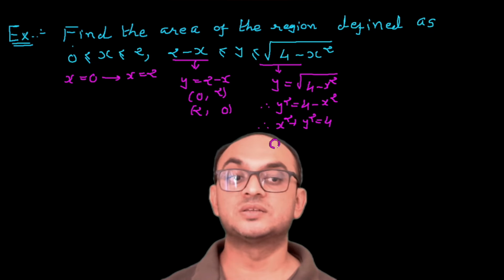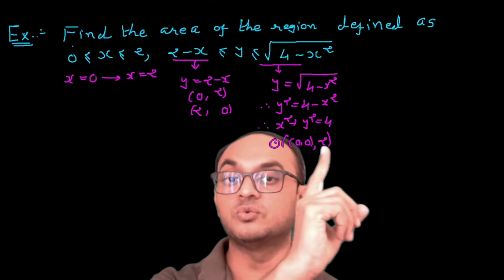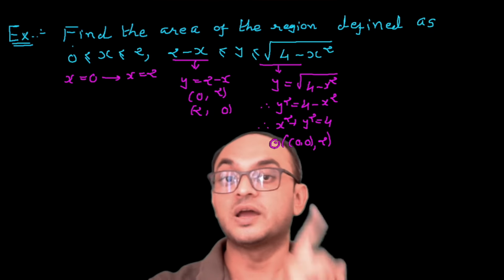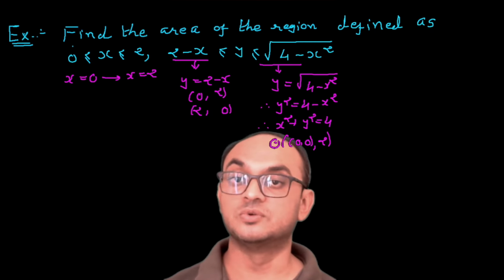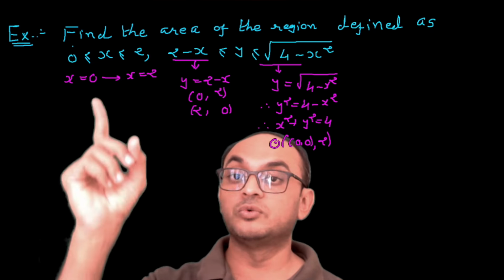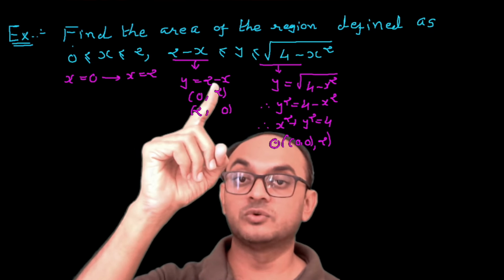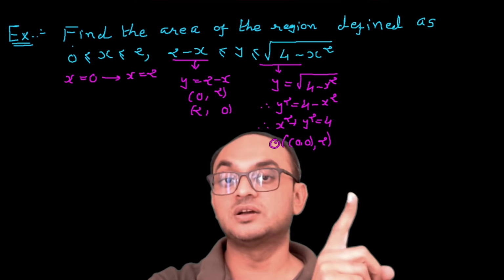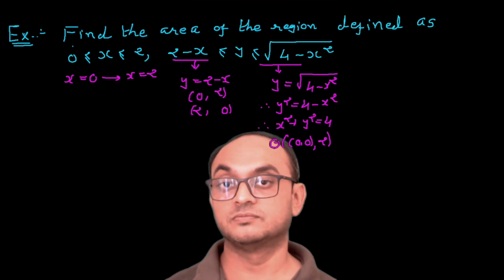This is the circle with center (0, 0) and radius 2, of the form x square plus y square equal to r square, with r equal to 2. So what we have to do is draw the line x equal to 0, x equal to 2, the line y equal to 2 minus x, and the circle with center (0, 0) and radius 2.